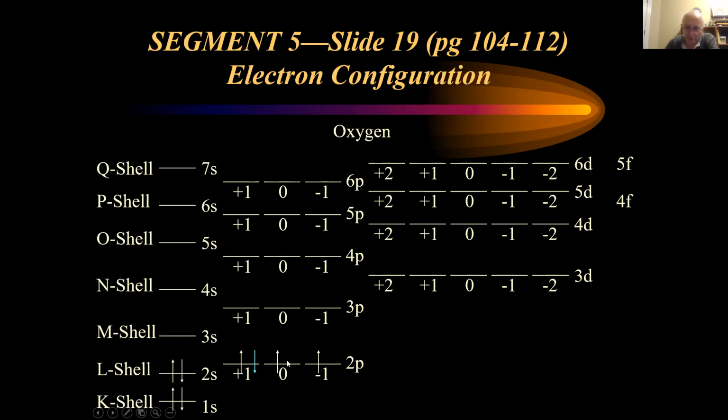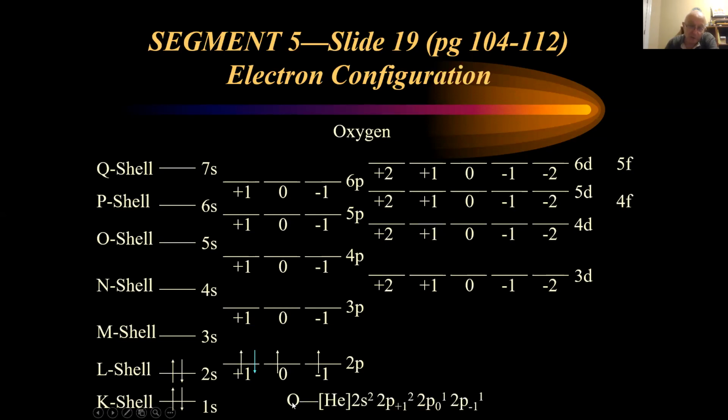If I put it over here, still spin down like it would have to be, now I would be putting that extra electron in a 0 orbital. Or if I put it here, I'd put it in a -1. We have agreed positive before 0, before negative. So this is the orbital designation that we would use.